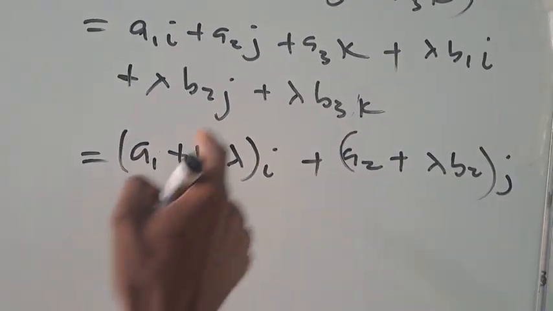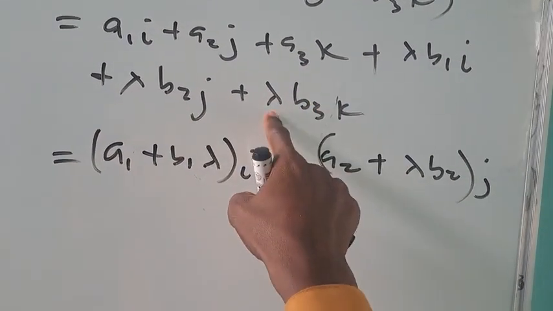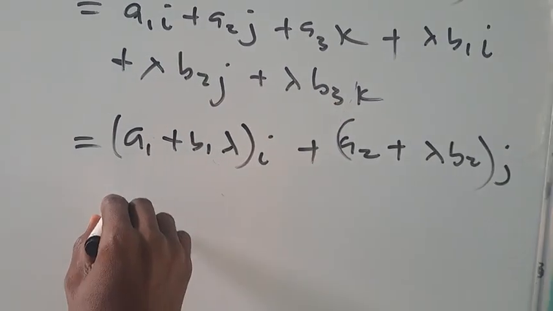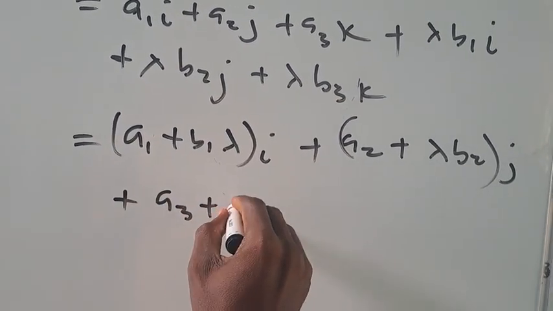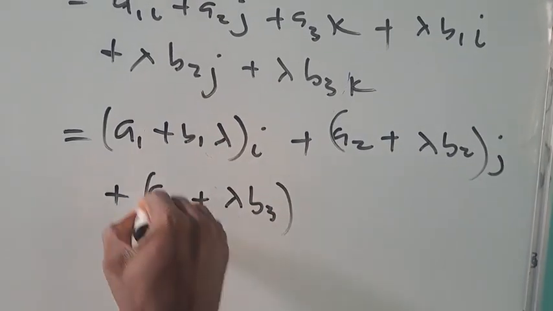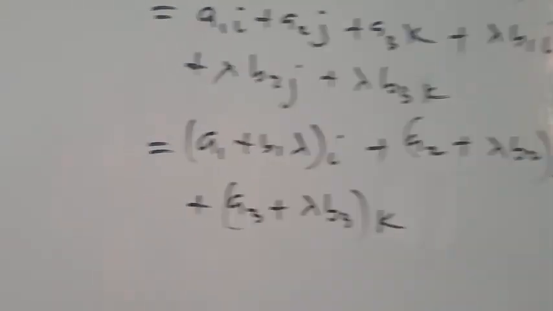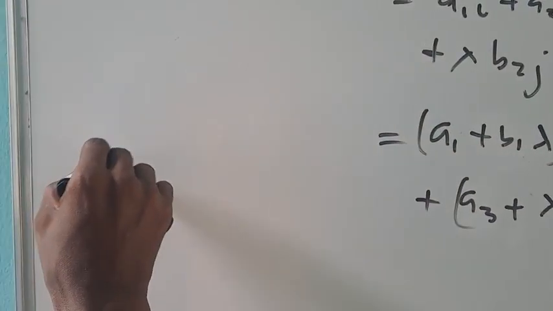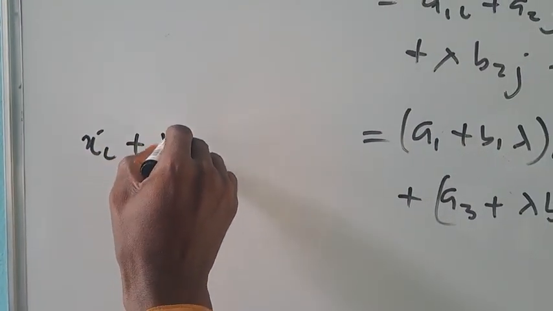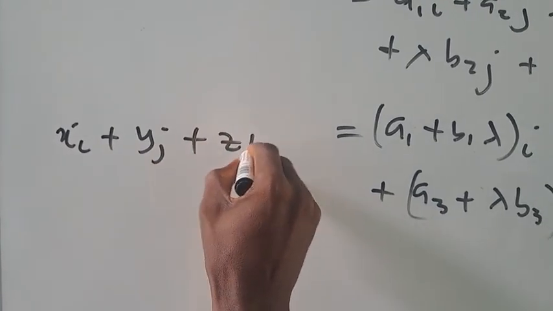And now we have the next one, a3k and lambda b3k, that is a3 plus lambda b3, under the k component. So having taken note of this, we now have this side as xi plus yj plus zk.